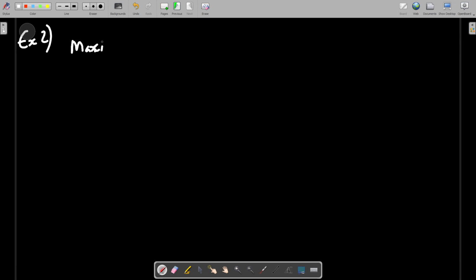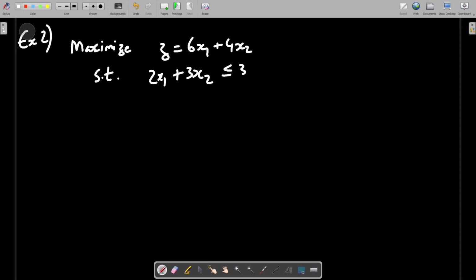Maximize z is equal to 6x1 plus 4x2, subject to 2x1 plus 3x2 less than or equal to 30, 3x1 plus 2x2 less than or equal to 24, and x1 plus x2 greater than or equal to 3.